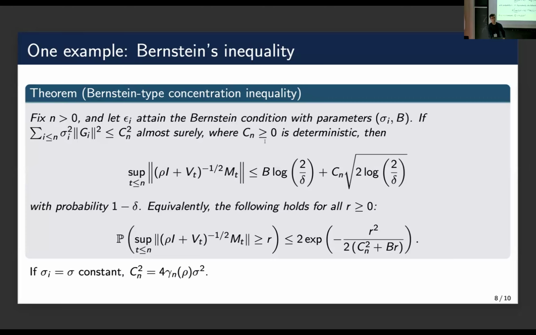In particular, I would like to highlight that if the sigma_i's are constant across time, then it suffices to take this C_n squared as 4 times sigma squared times the maximal information gain. And again, this is where the relation with previous works stems from.